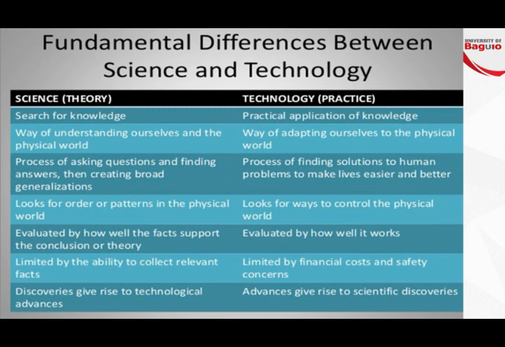Now we are trying to adapt to what is really happening, aside from understanding. So that is more on science. But for technology, we are adapting now. So for example, let's say there is a certain natural occurrence, like for example a typhoon. To adapt to this type of typhoon, we come up with a way to predict when this typhoon will occur, or let's say what are the precautions or preparations that we're going to do to adapt to this situation.